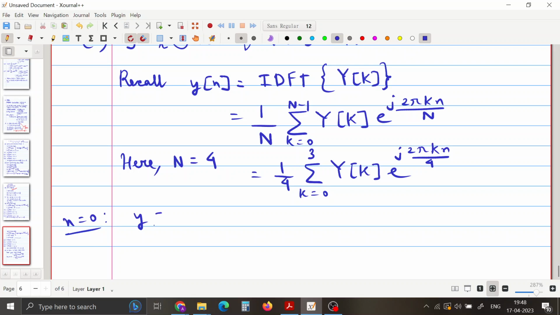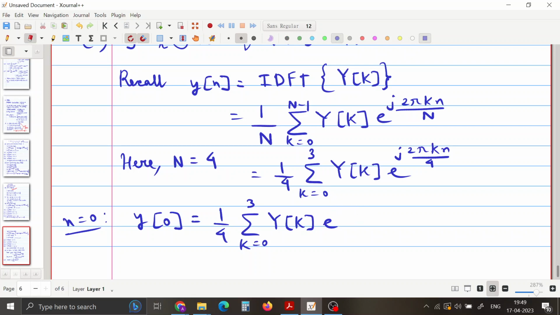So y of 0 would be 1 by 4, k running from 0 to 3, capital Y of k times e power j times something that is basically 0, because small n is 0.